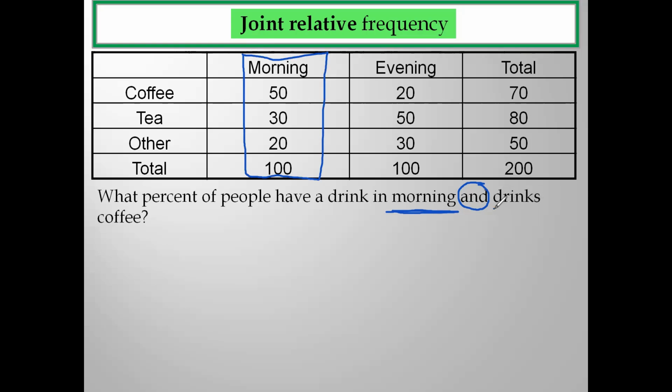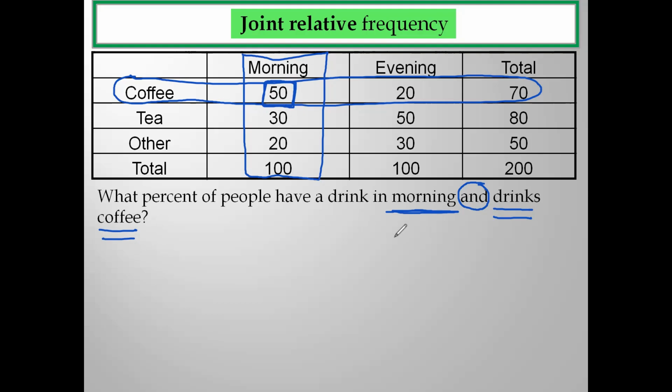And we're going to look at the second category as drinks, however, which drink is going to be coffee. So we're going to have all the coffee drinks. In this situation, the overlap here is the number 50, which is both drinks in the morning and it is coffee.